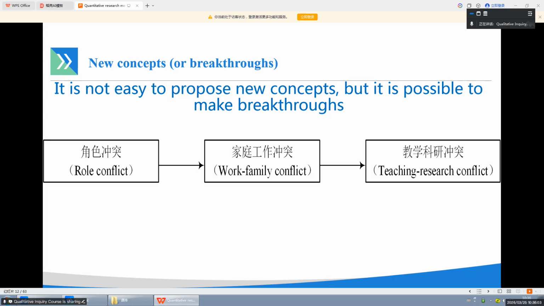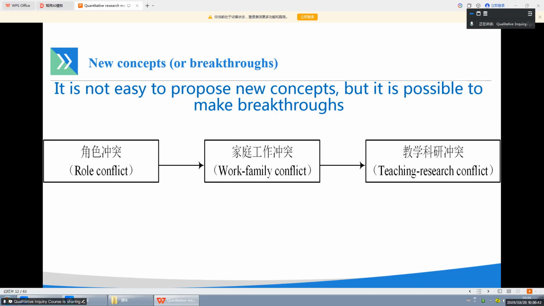So if they face this kind of challenge, I guess they spend most of their time on scientific research, right? Because research performance will largely determine whether they stay or leave. I don't know if this is the case in your countries.